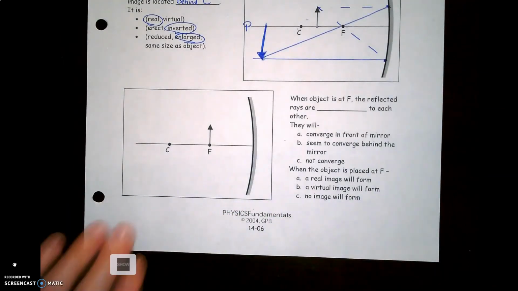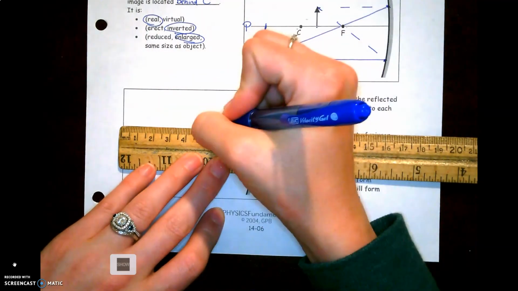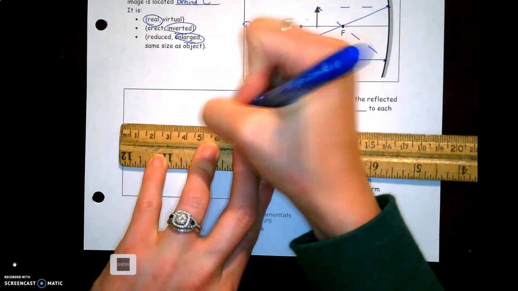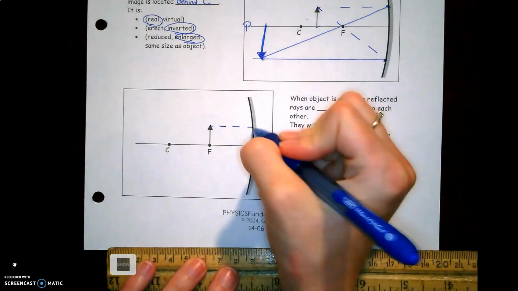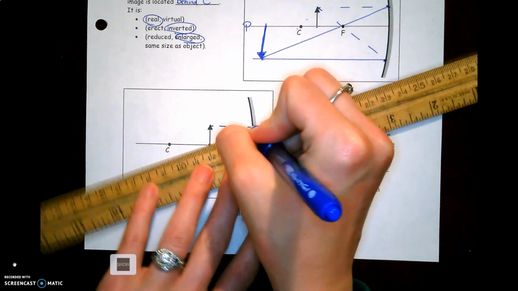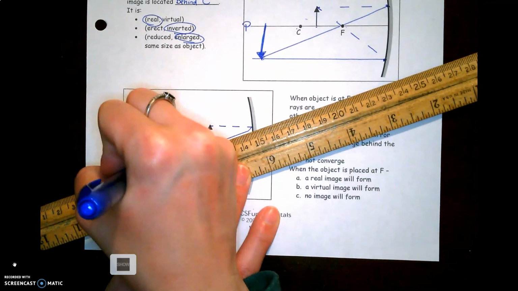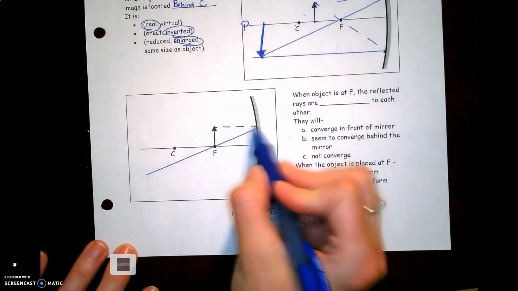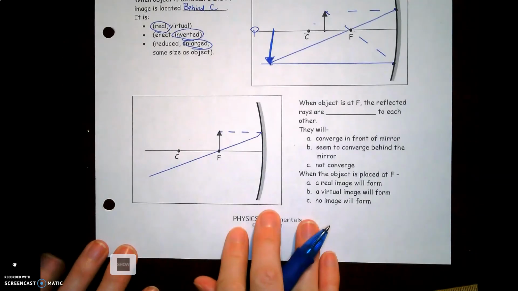The object is located at F, and we're going to follow our steps. So the first incident ray starting at the top of the arrow is going to be parallel to P. When we get to the mirror, we stop and we are going to reflect through F. So parallel to P through F is our first incident and our first reflected ray.